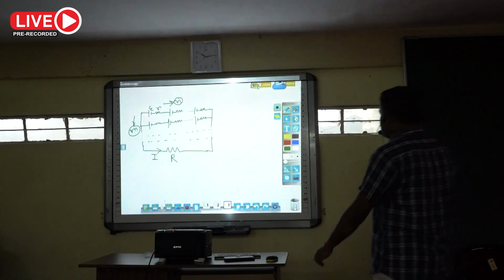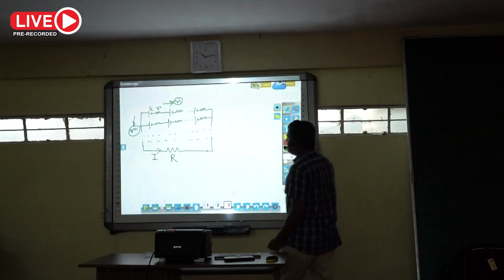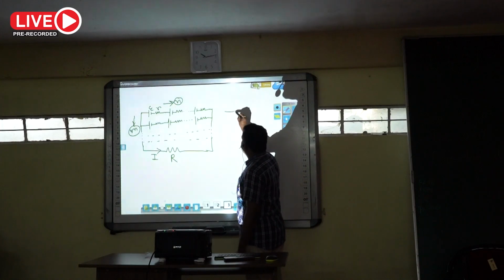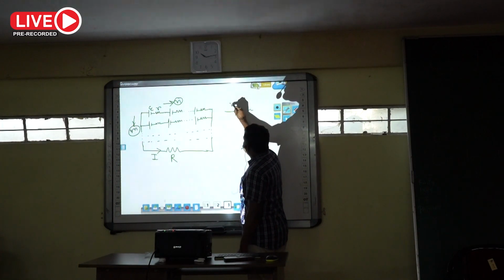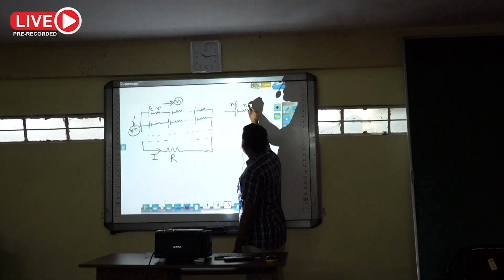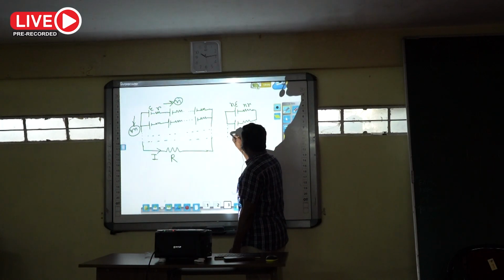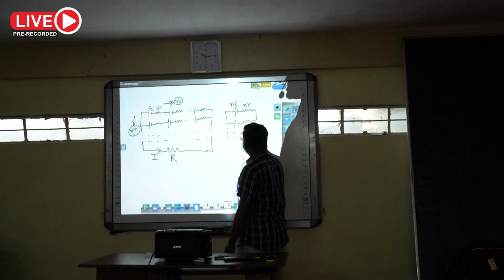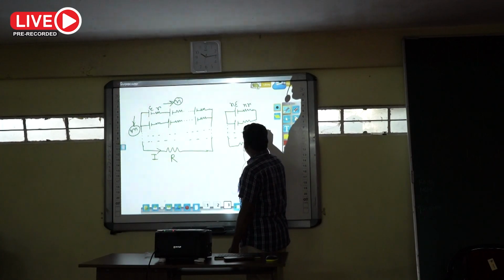Now we can simplify this, and all such m rows, each with nE and nr, are connected in parallel.